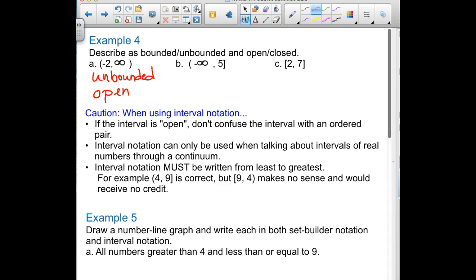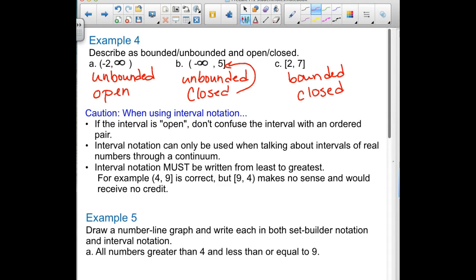On this one, it does include infinity, so again, it is unbounded. But this one is closed, since there is a squared off bracket there, using the endpoint 5 as its final spot. In example C, it does not involve infinity. It's all the numbers between 2 and 7, including them. So it is bounded and closed.